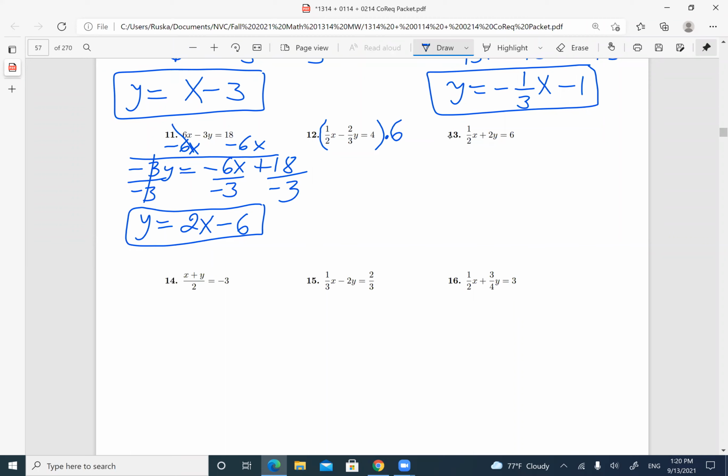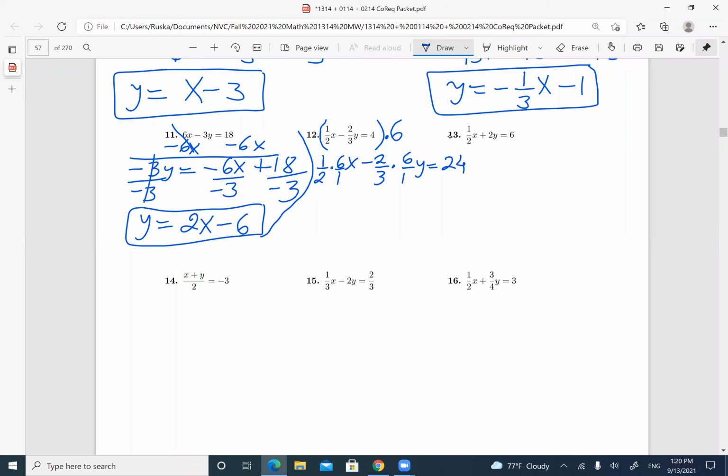So it's going to be 1/2 times 6 and x. Now this is 6/1 technically, look at it like that. Minus 2/3 times 6/1 y equals 6 times 4 is 24.